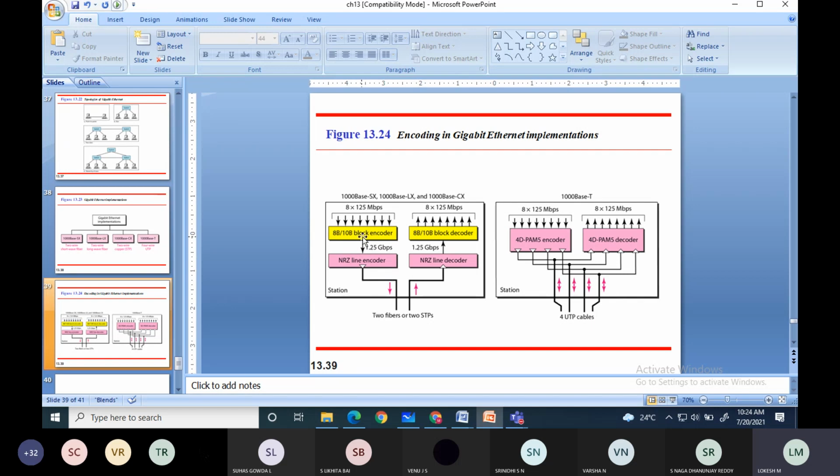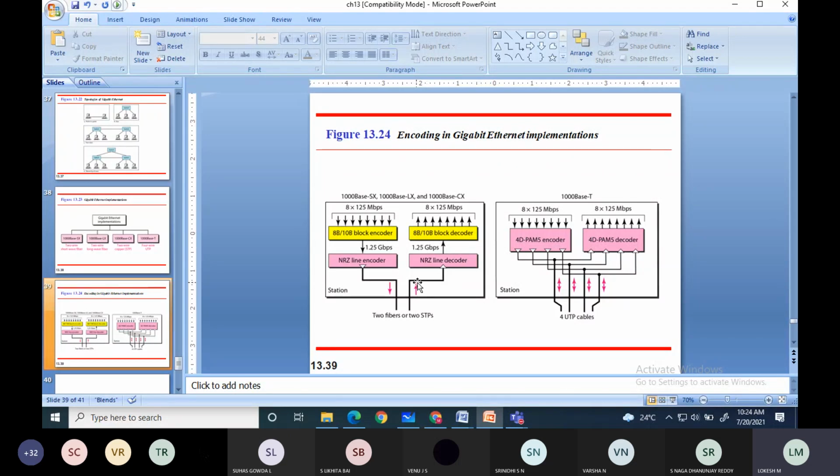Once it is encoded at the sender side, it sends to the receiver side. In the same station, the receiving end will also be there. Because it is a star topology or point to point, one to one communication, each station performs as both sender and receiver. So encoding is embedded, and decoding is also embedded at the other end.